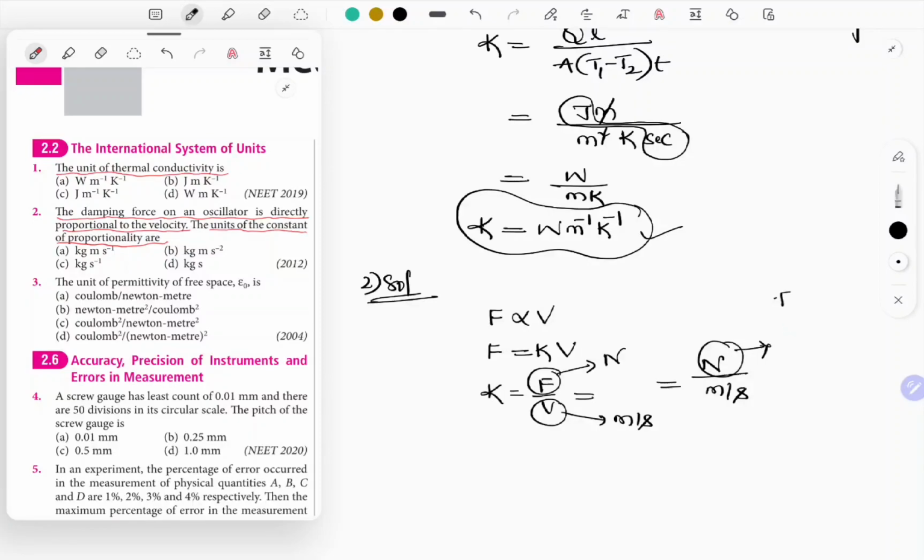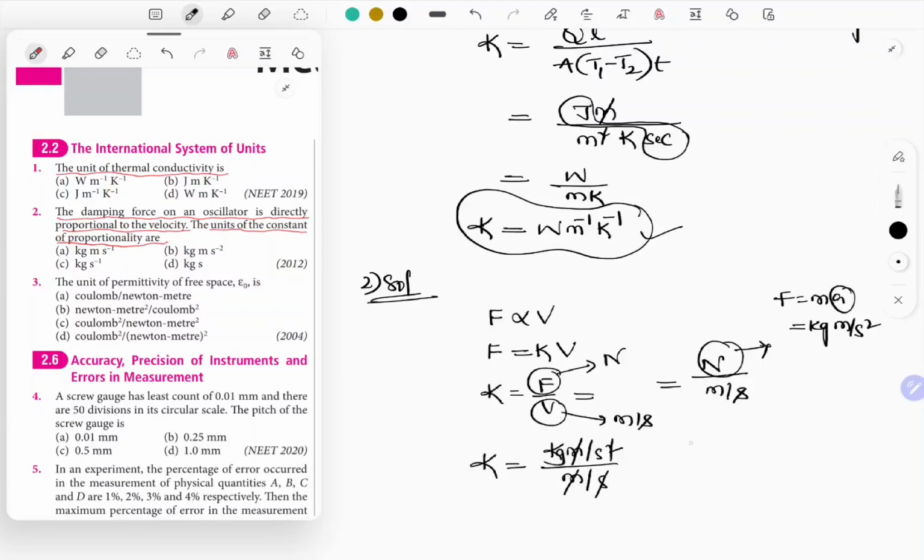The force formula is mass into acceleration, right? Mass unit is kg, acceleration unit is meter per second square. Let me substitute that in place of Newton: kg meter per second square divided by meter per second. One second will get cancelled, meter also will get cancelled.